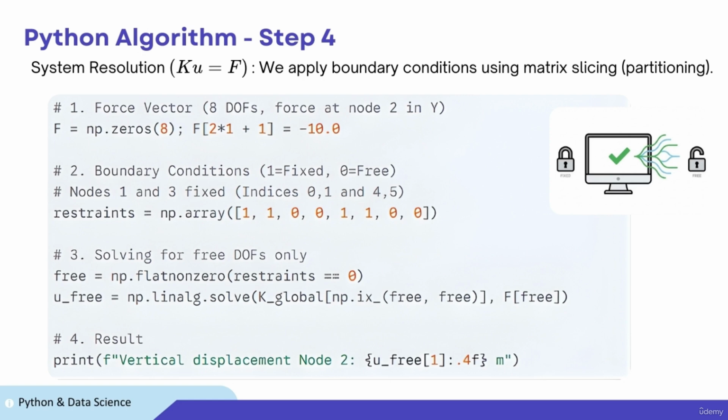We use NumPy slicing to extract only the free degrees of freedom. Finally, we solve it. U_free equals np.linalg.solve(k_sliced, f_sliced).